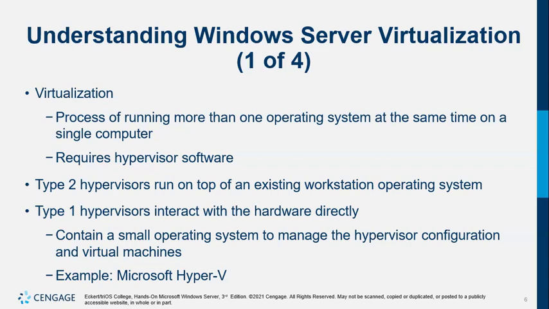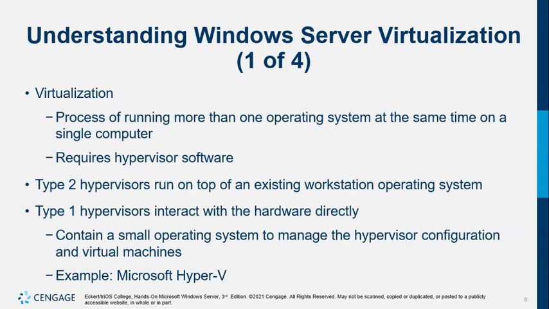So the way that that looks is you would log into your system, get into your operating system, and then install an application, such as VirtualBox, and that would allow you to install an additional operating system and run it on top of your current operating system that you're running.